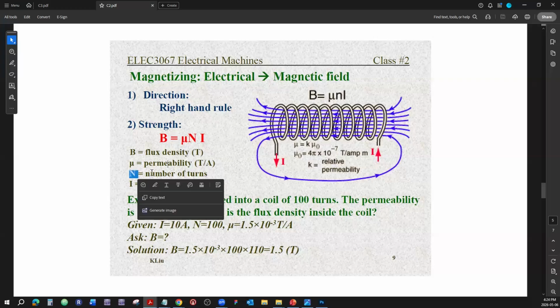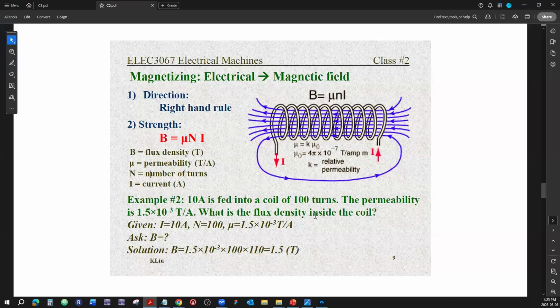Then N stands for the number of turns that we are using, and how much current we're passing through. Let's take a look at this example. 10 amps is fed into a coil that has 100 turns. The permeability of that core is 1.5 times 10 to the minus 3 Teslas per amp.